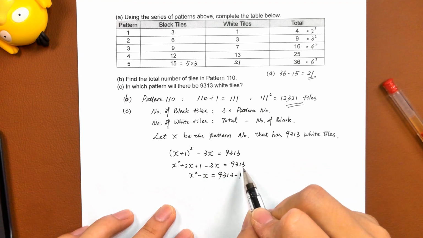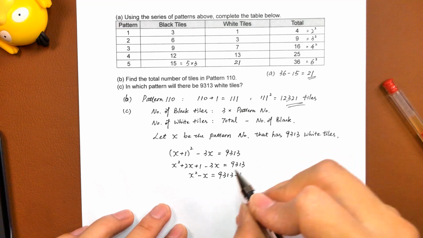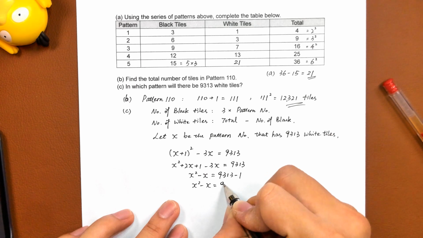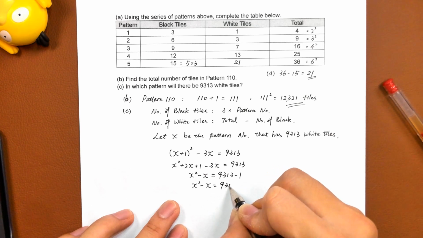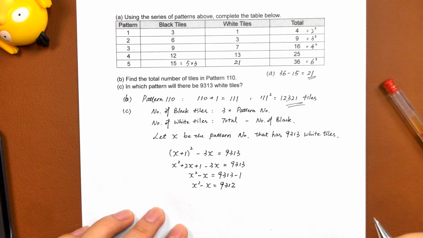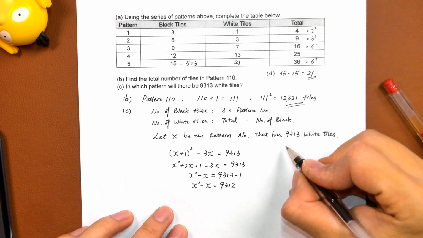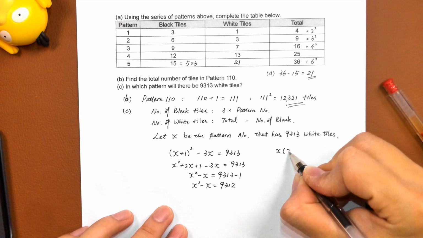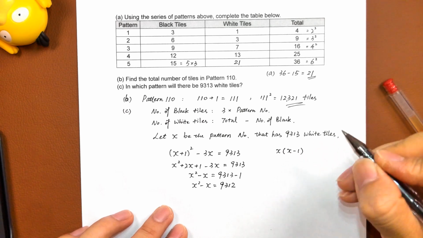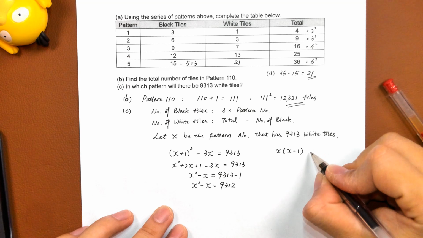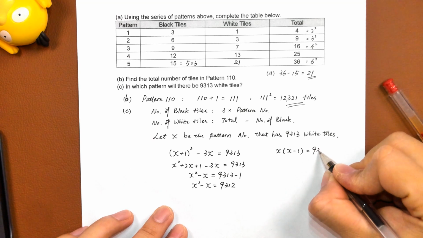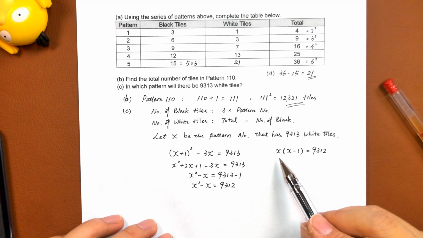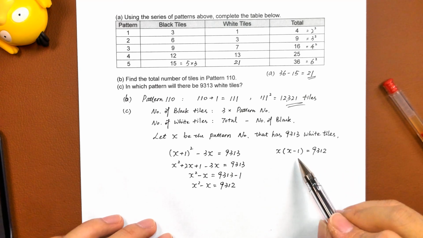Shifting to the right side, minus 1. x squared minus x equals 9312. Okay, that means x times (x minus 1), factorization, equals 9312.